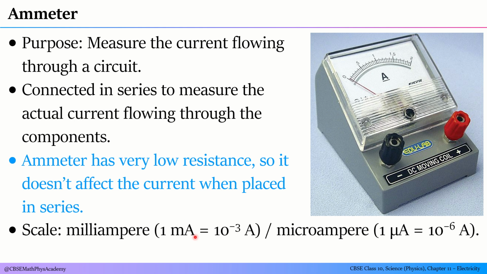You are supposed to multiply 20 into 10 power minus 3 amperes. Or if it is very small, it is recorded in microamperes. Micro means 10 power minus 6. The problems could easily give you 500 microamperes, in which case you are supposed to convert by multiplying with 10 power minus 6 and make it amperes.